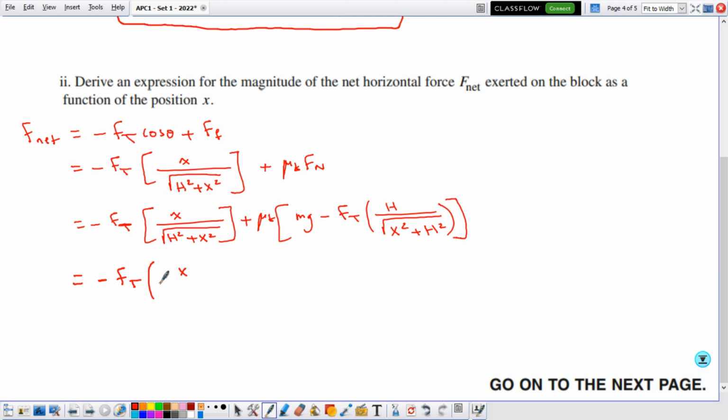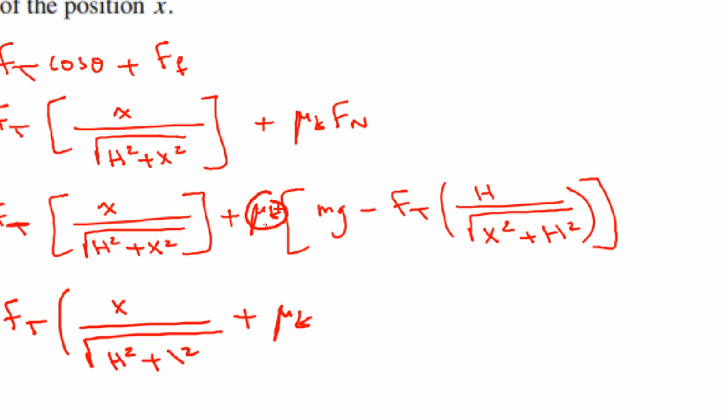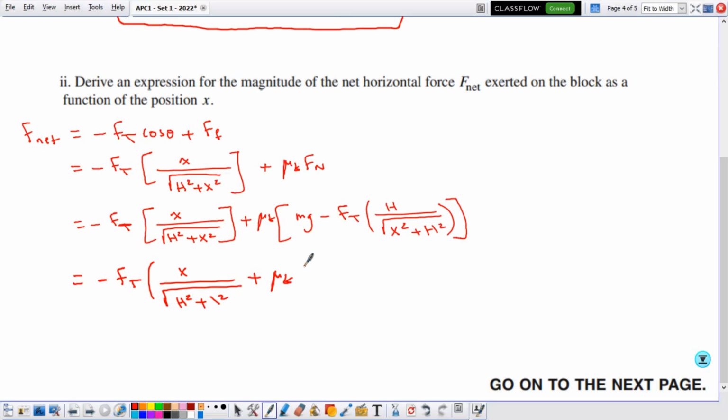We have x divided by radical h square plus x square plus mu k, which is the factor that's found here, multiplied by this one, h over radical x square plus h square, plus mu k multiplied by mg.